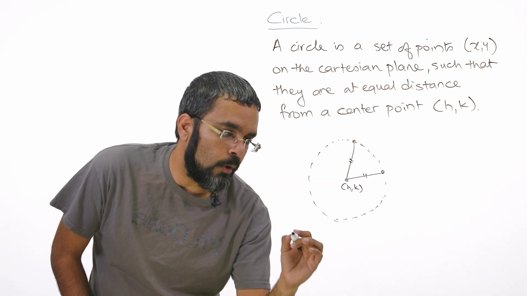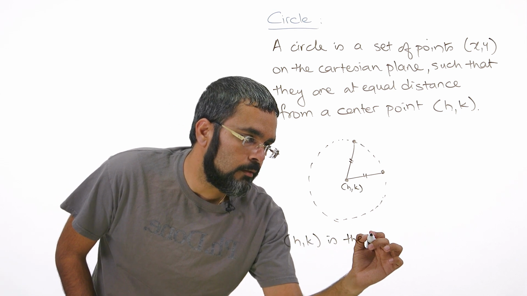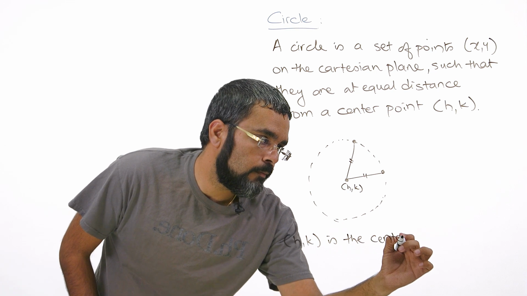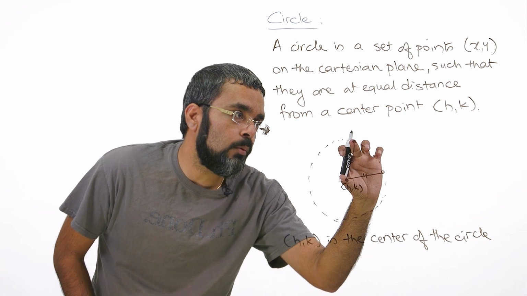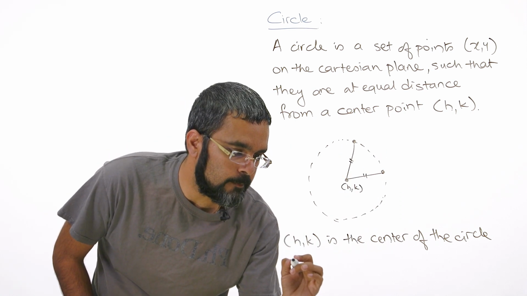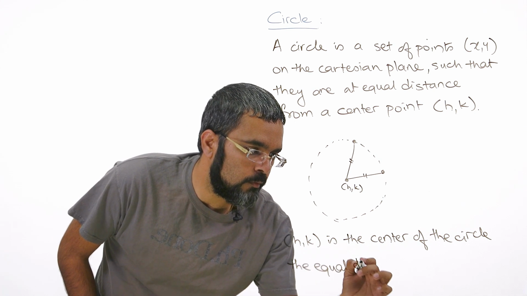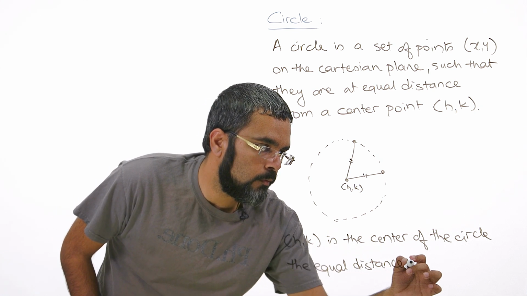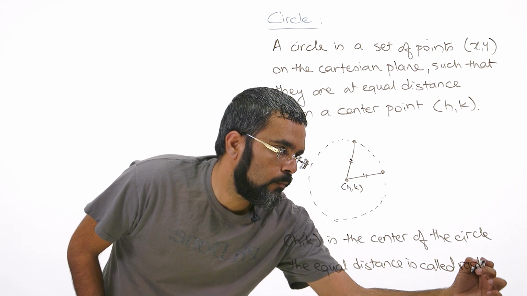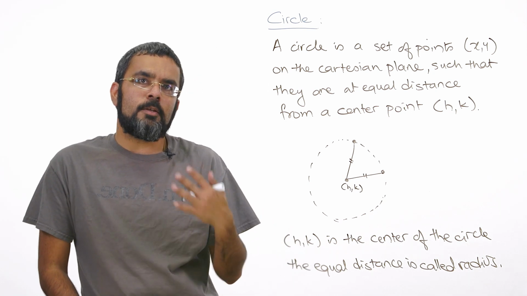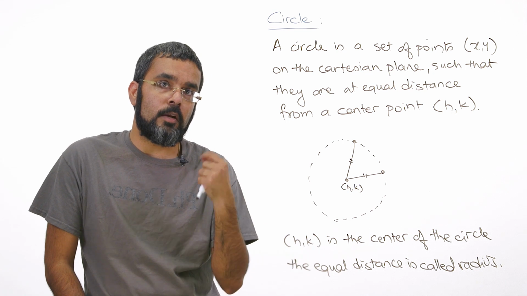We call HK the center of the circle, and this equal distance that you see, we call that the radius. So every time I talk about a circle, two things will be very important: one is the center of the circle and one is the radius.